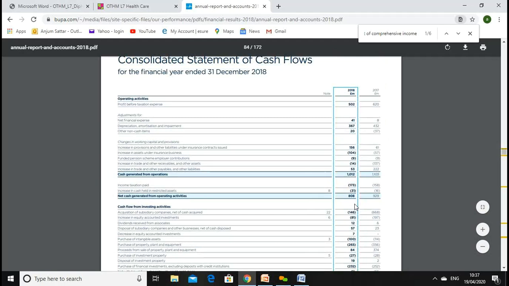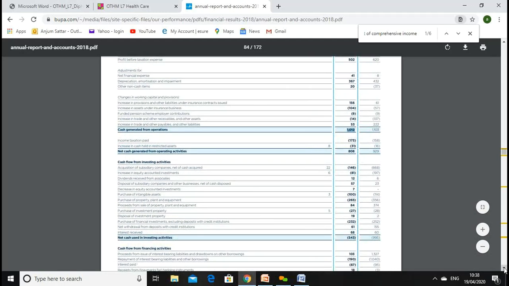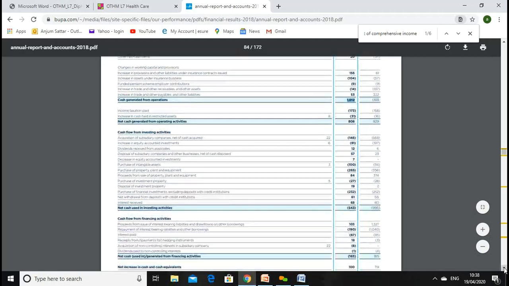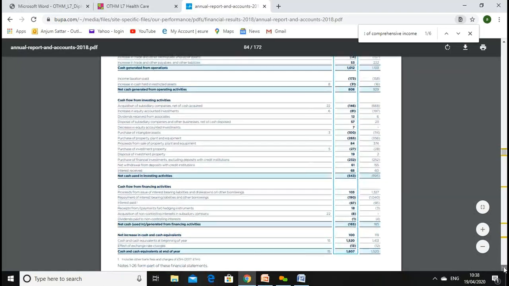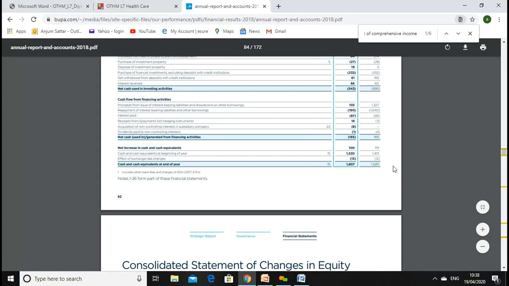Then you can look at the cash flow: how much is from operating activities, the cash went down compared to last year, but it is a positive balance. Cash under investing activities is negative, the cash went out from the business, we used the cash. And financing activities is also negative.